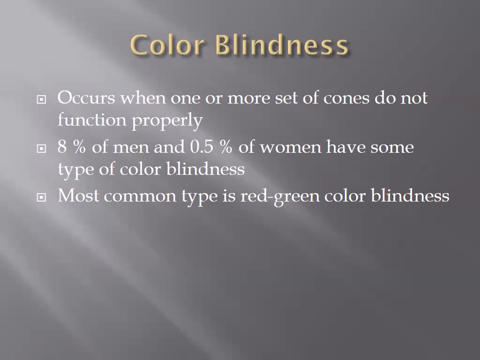So why would females be a lot less likely to be colorblind than males? A male has one X and one Y chromosome, the X being the female, the Y being the male.